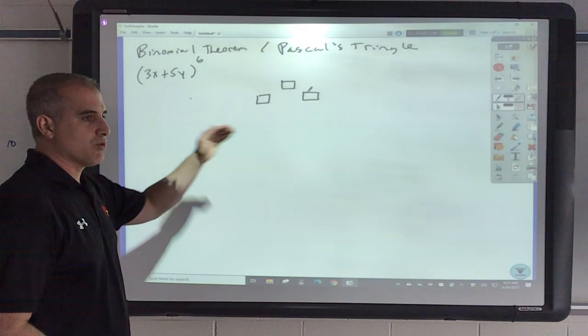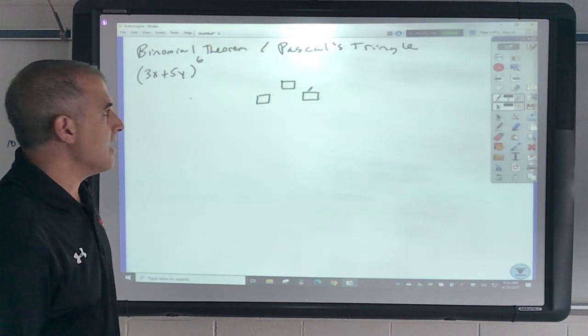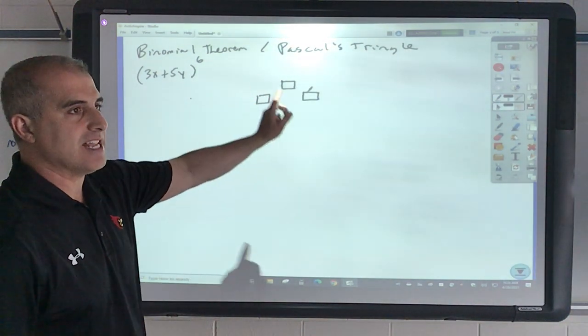Now we're going to continue this pattern, where we draw a square outside, inside, and outside.